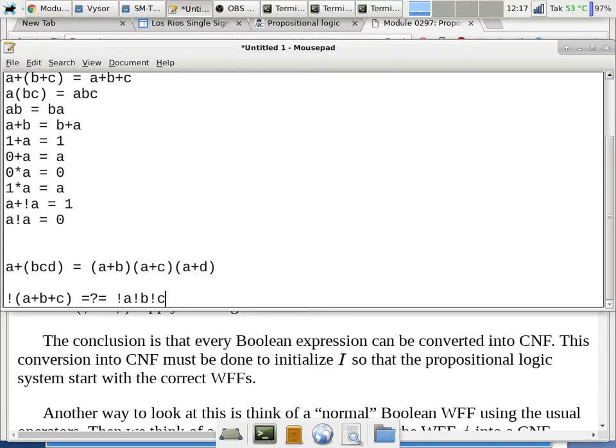But you can also use a truth table. In this case, you have 8 rows, because 2 to the power of 3 is 8. You evaluate this one and have a column, you evaluate this one and have a column. If those two columns are exactly the same, then these two expressions are the same.